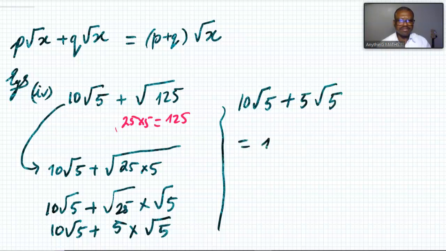What do we have? 10 plus 5 root 5, and the answer will be 15 root 5. We're going to look at subtraction.